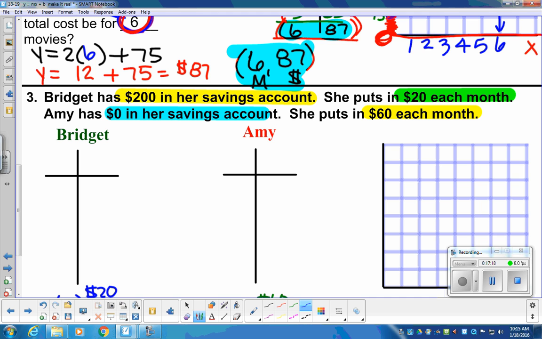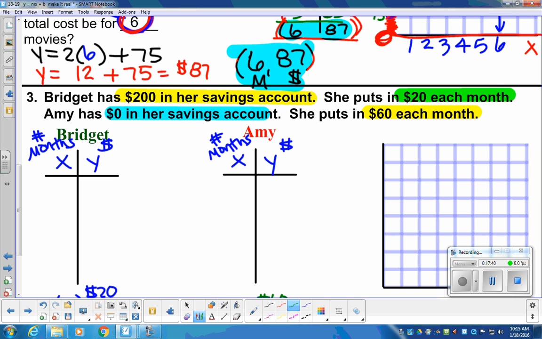So we're going to set up the table of x, y, as we always do. Our dependent variable, the amount of money, depends on how many months have gone by. So the amount of money compared to the number of months, and Amy's same scenario. Now these girls are in a little different scenario.